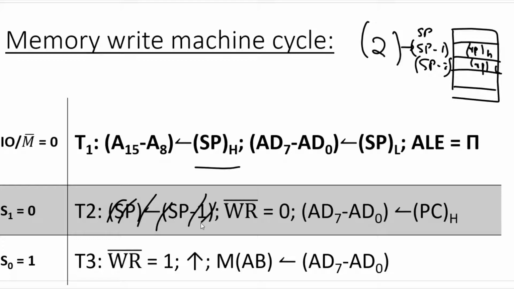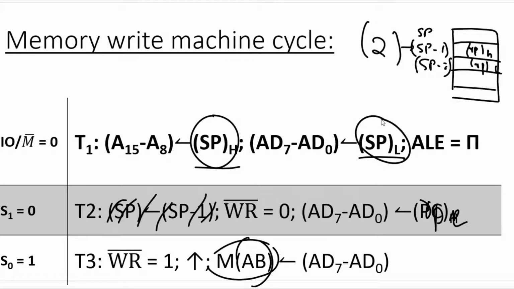Write will be enabled, and whatever is in the register pair, the least significant byte RPL, will be loaded onto the data bus, and from the data bus to the memory location. That's actually the stack pointer, because the address bus is carrying the address that was forwarded from the stack pointer.